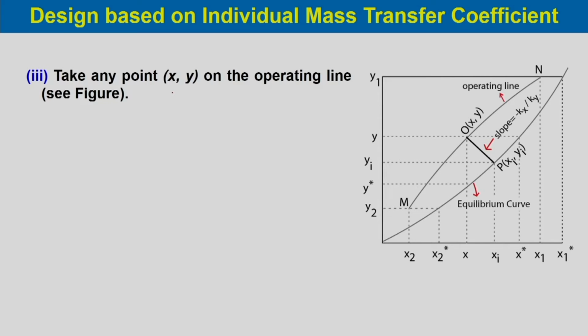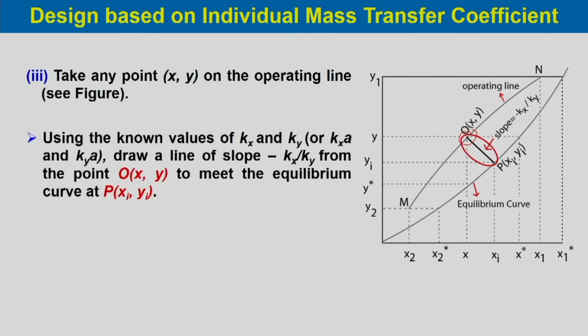Then take any point x, y on the operating line. See the figure over here, we can take any point x, y over here. Using the known values of kx and ky or kxa and kya, we can calculate the slope of the line from the point P to meet the equilibrium curve at point xi, yi.